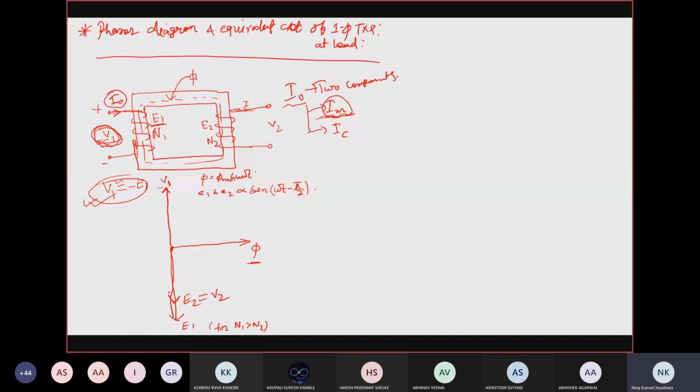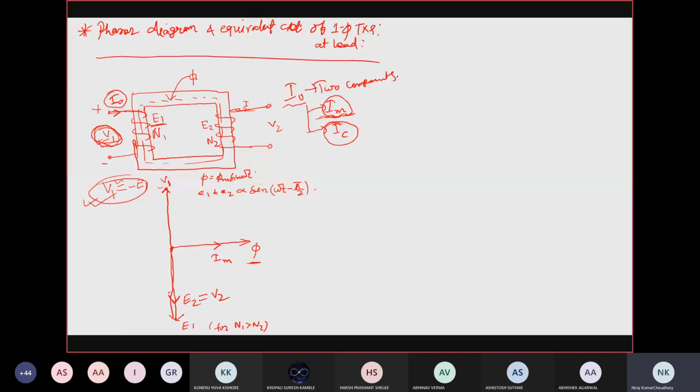That's why IM will be along the flux axis, right? अब ये IC जो है, this is the second component of the no load current, which is included in the transformer design for incorporating the losses taking place in the core of the transformer.